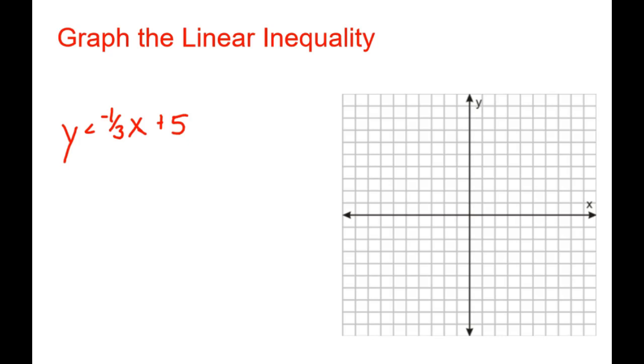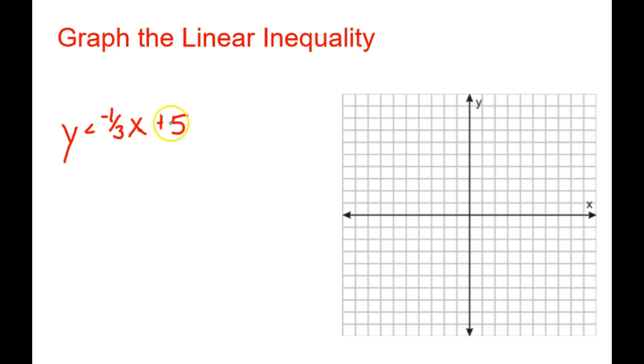Now to the first example, we're going to graph the linear inequality going through those steps I just talked about. So we have the inequality y is less than negative 1/3 x plus 5. The first step is to use the slope and the y-intercept to plot some points. You could make a table of values as well if you wanted.